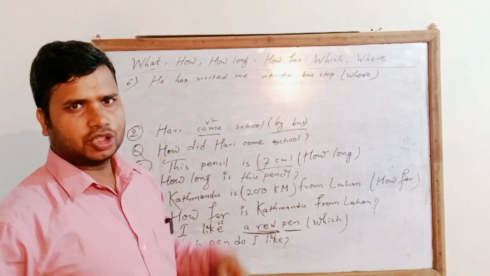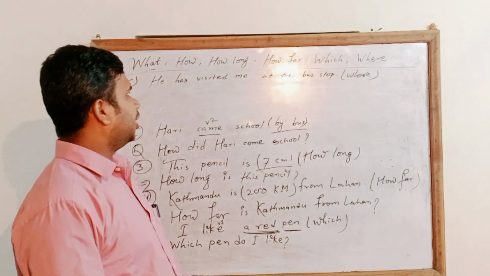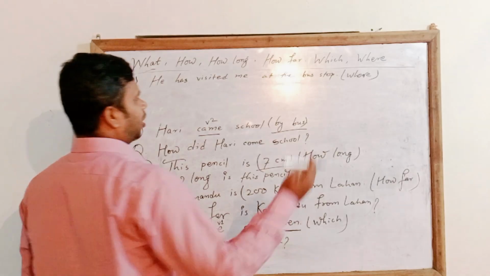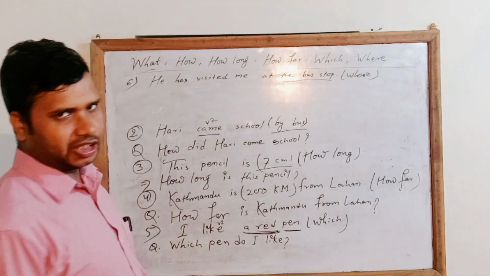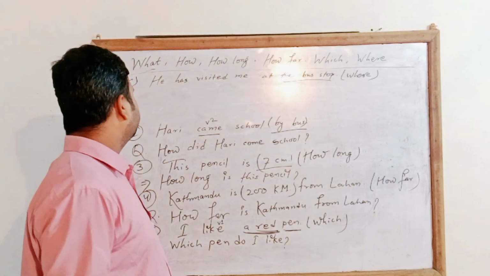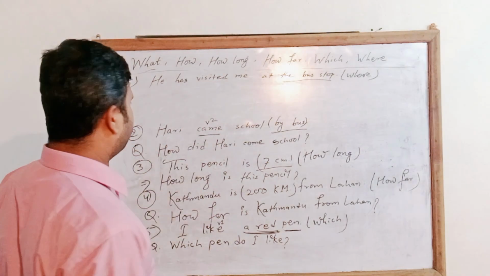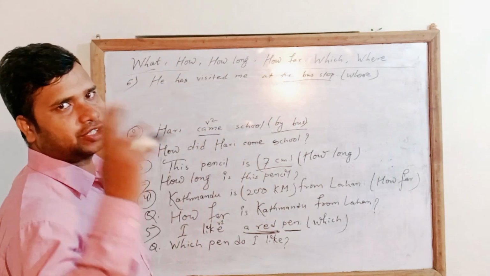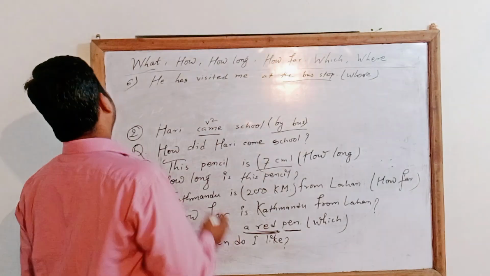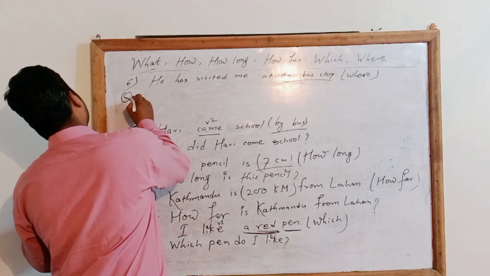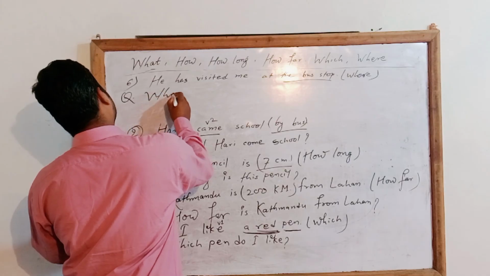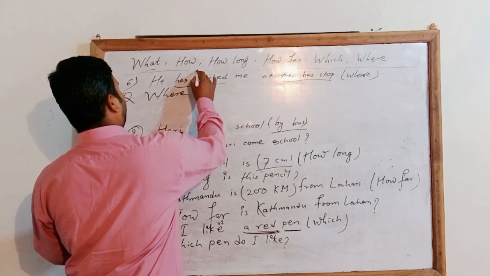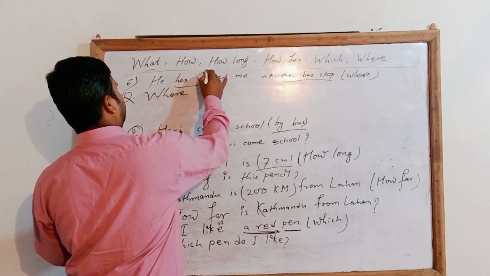Where question. The where question you know very well already. Okay. So my dear students, where question indicates place. Bus stop, that is place. So you have to make questions very easily with the help of 3 formula. So my dear students, you have to write where. This is present perfect. Has plus V3.